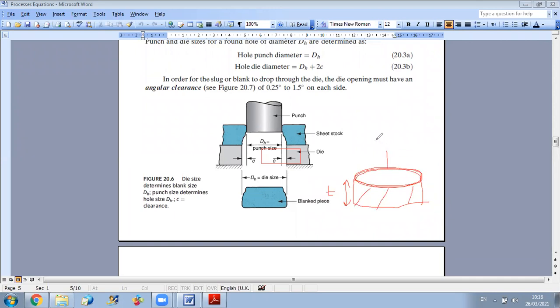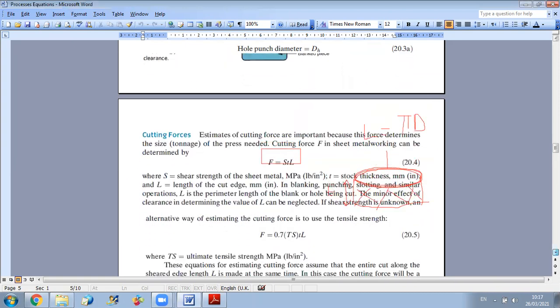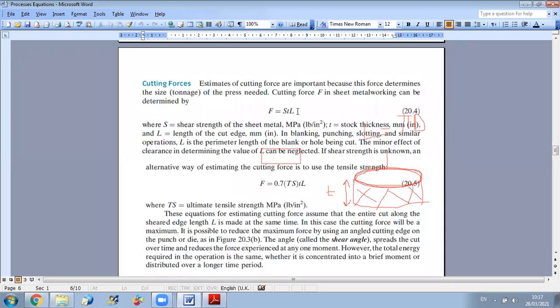So here, for example, L will be equal to pi times D. In case you have any other geometry, you calculate the perimeter of the geometry times the thickness to obtain the shear area. And then the cutting force is determined as the shear strength times thickness times cut length.